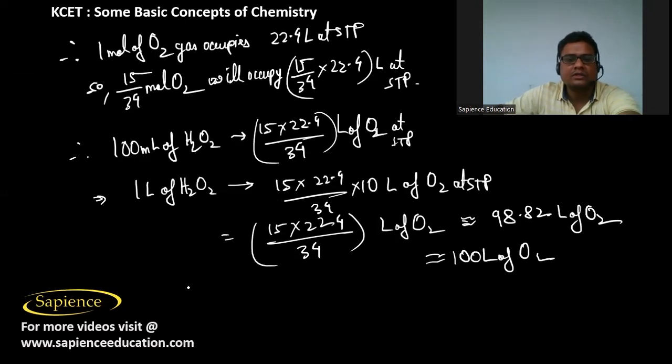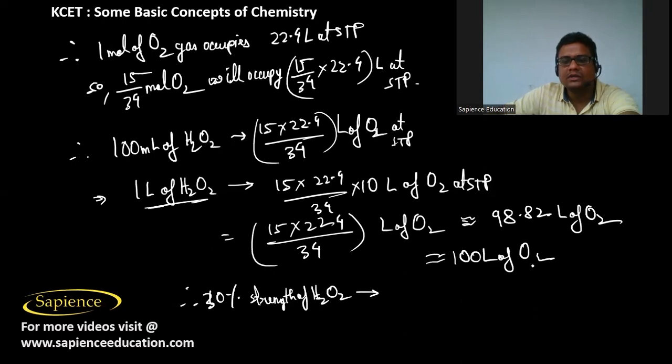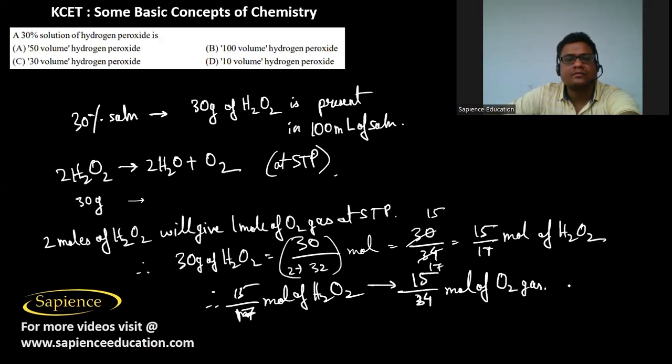Therefore, for the 30% strength of H2O2 solution, 1 liter of H2O2 will give 100 liter of O2. It means it will be called 100 volume H2O2 solution. So option B is the correct answer.